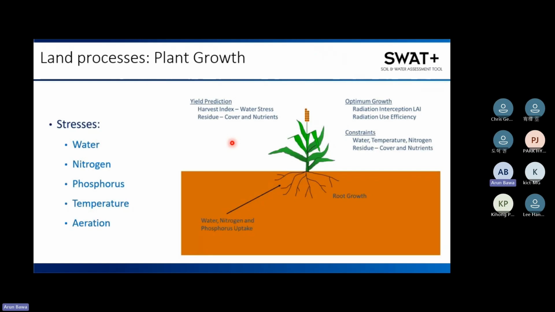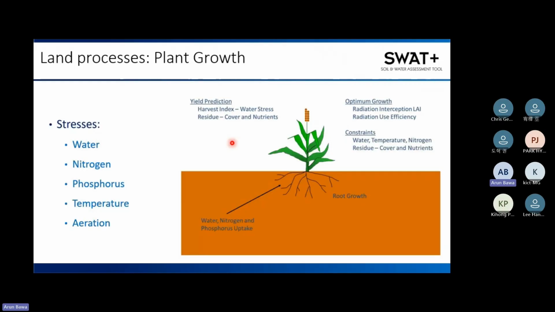But the conditions are not optimal. The conditions are not ideal in the world, right? So maybe you don't have enough water to support the plant growth, to reach this optimal growth. Maybe you don't have enough nutrients. Maybe the temperature is too high and it is damaging your plant.